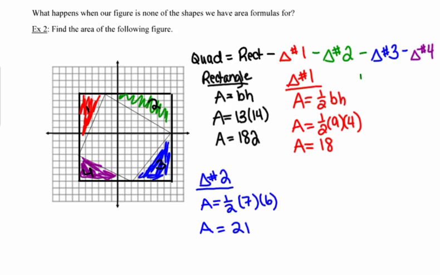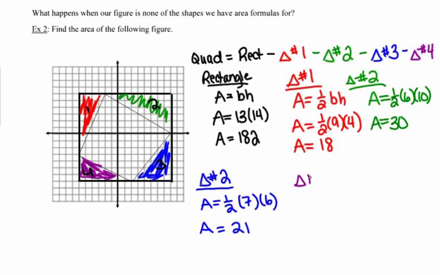I guess I have to go and do triangle number 2. Its base and height are 6 and 10, making its area 30 square units.